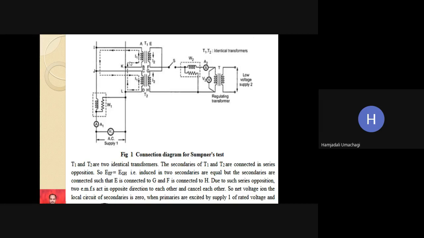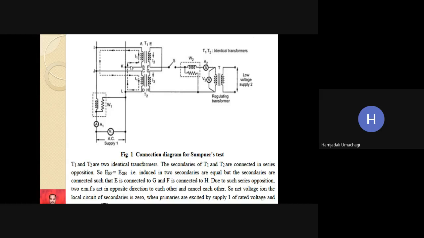Similarly, current I1, which is flowing on the primary side, where the primary side is open circuit, will follow the path B A I J C D L K back to point B. Okay, and this will not flow through the other meters.